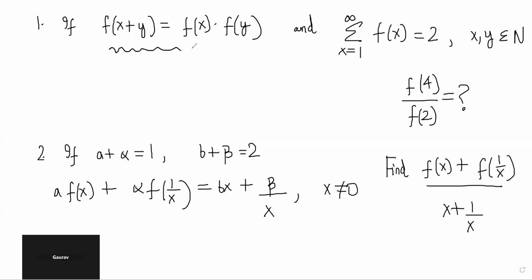Given this relation, what is the type of function that you can expect it to be? Sir, constant. No. How will it be constant function? Constant function is equal to constant into constant. What do you mean, yes? That doesn't work.